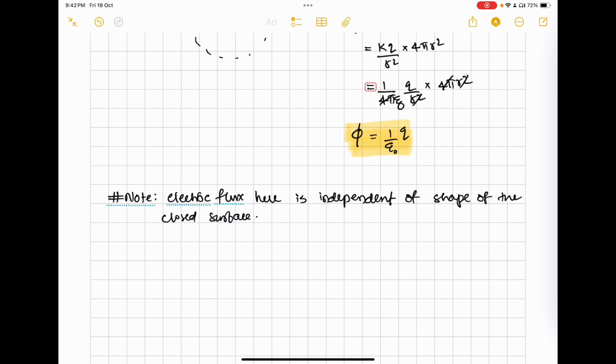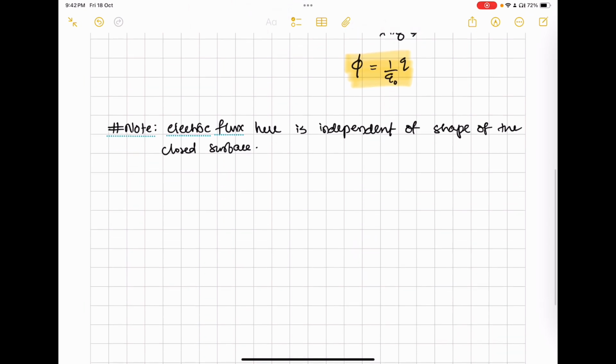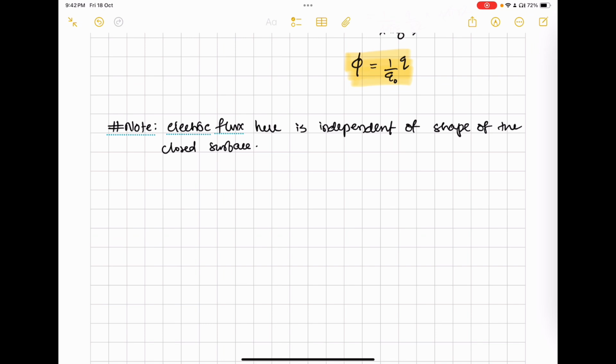In this equation, flux depends only on the net charge enclosed and epsilon 0. So flux is independent of the shape of the closed surface.